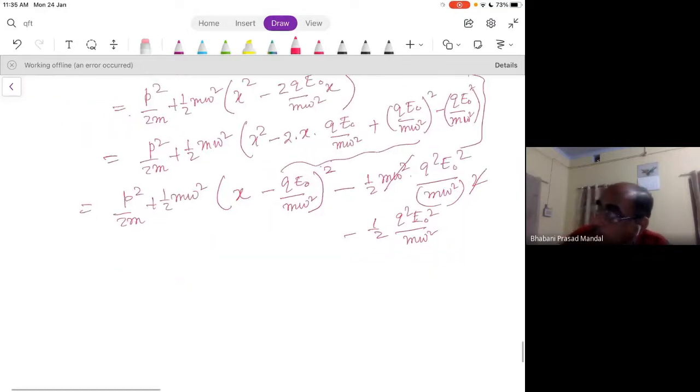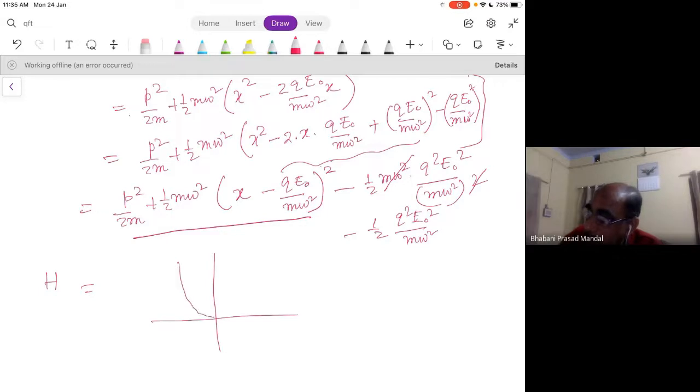So now I have a new Hamiltonian, which is again an oscillator. But this oscillator is oscillating about a different point. The oscillator potential is half m omega square x square, oscillating about 0. This oscillator is oscillating about the point q E0 by m omega square.